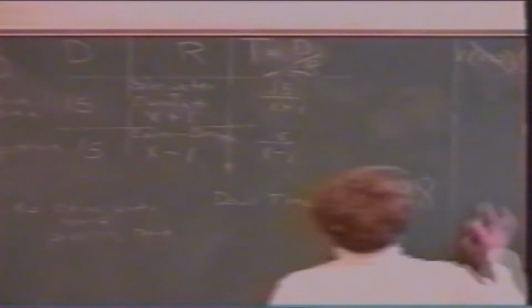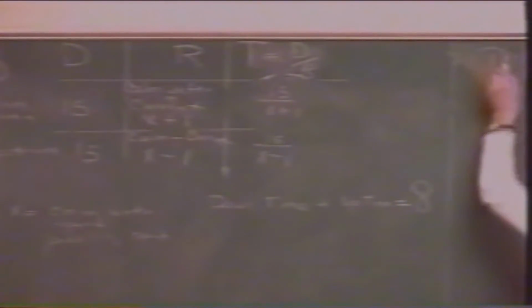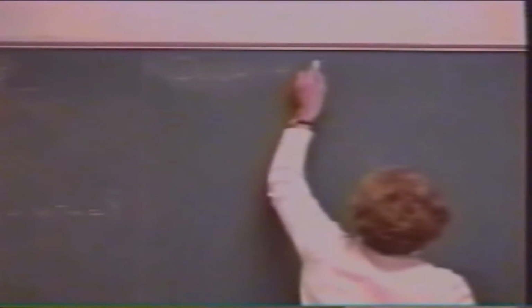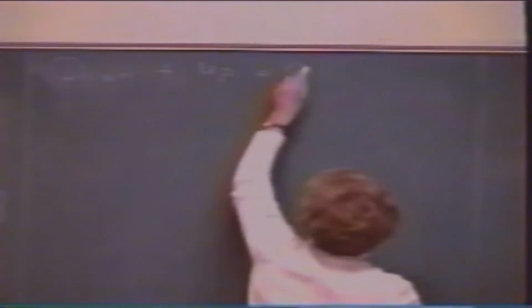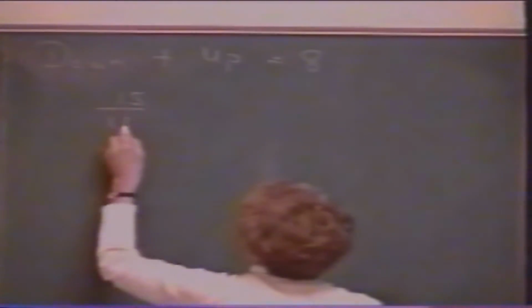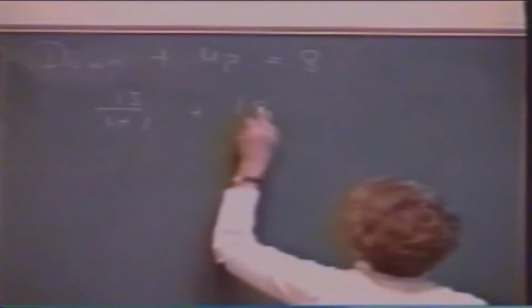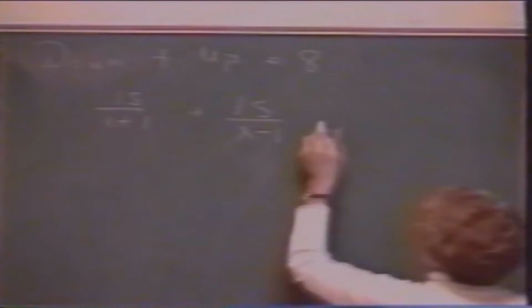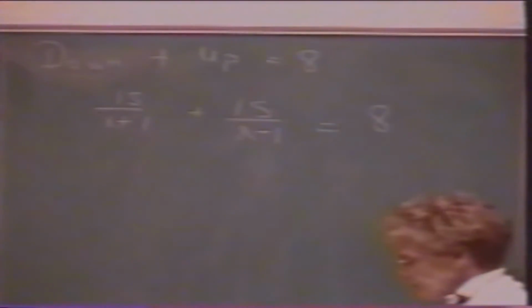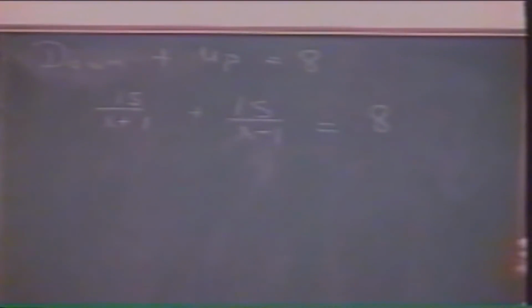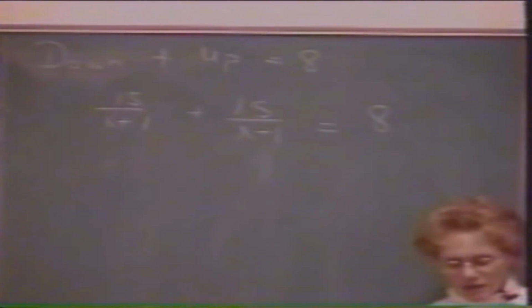The total time is 8. So let's fill those in. We'll say down plus up equals 8. So I've got 15 over x plus 1 plus 15 over x minus 1 equals 8.